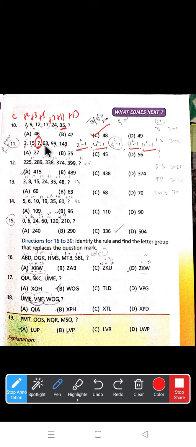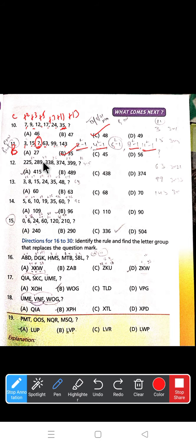Here they have written 8 square minus 1, that means 64 minus 1. That means this gap should be filled with 6, no? Because they are taking 2 square, 4 square, 6 square, 8 square, 10 square, all even numbers square minus 1. So in this place 6 square minus 1, which is 35. Option B is the correct one. 11th one is option B.